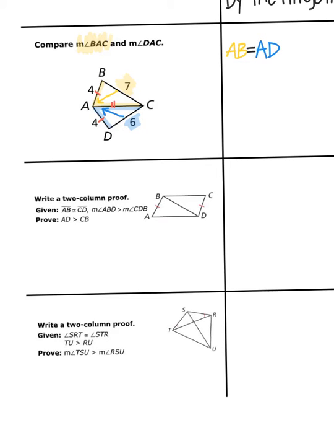We also set up that we know the two segments AC that are shared by each triangle are congruent to one another. Then we're focused on this third side, this BC, which is larger or longer than DC.